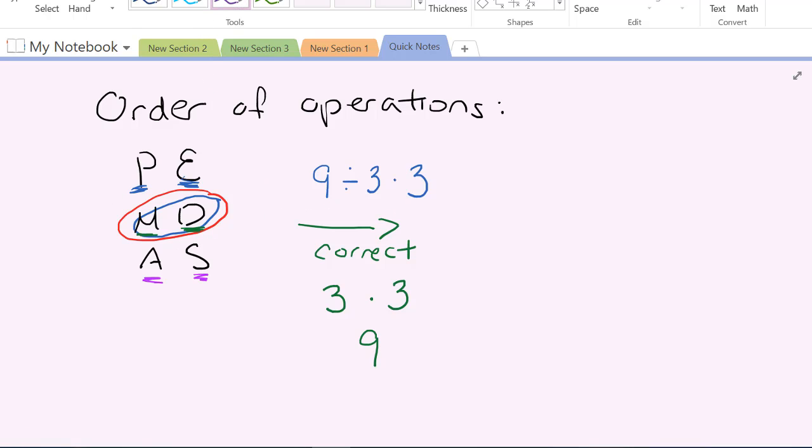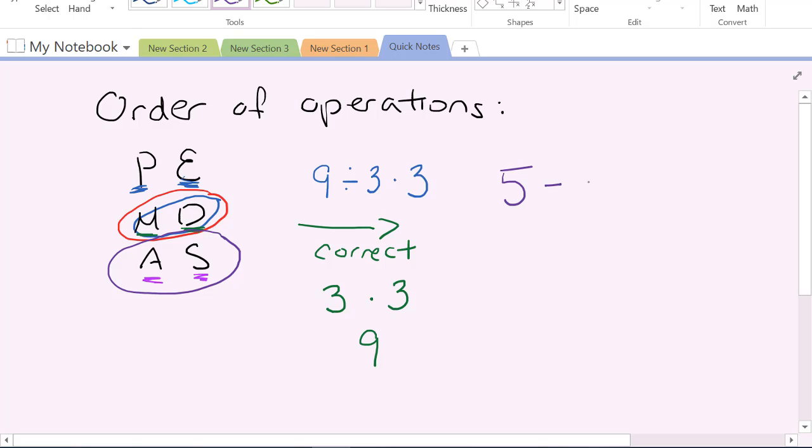The same goes for addition and subtraction. When they're next to each other, you do whichever one comes first. So for example, if you had 5 minus 2 plus 4, you don't do the addition first.